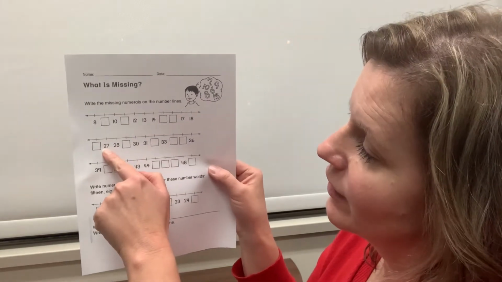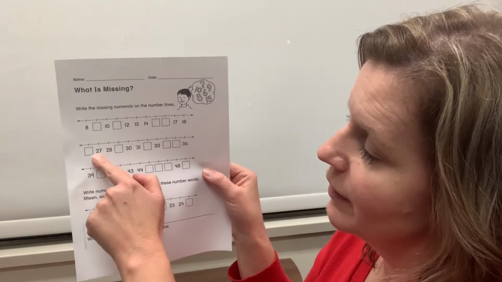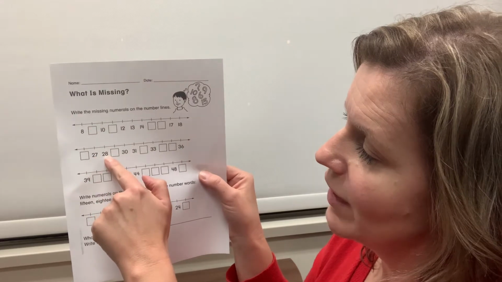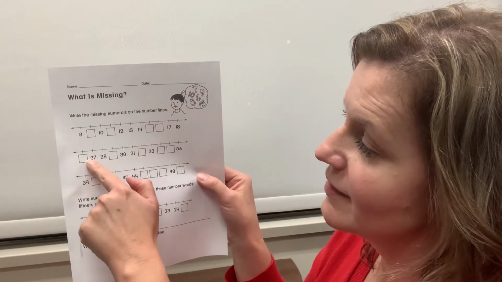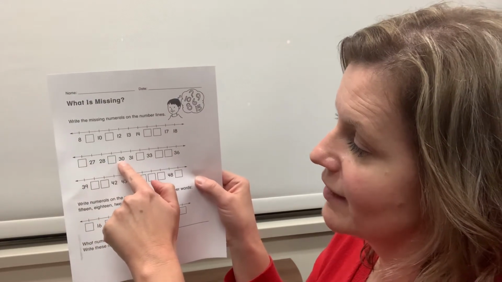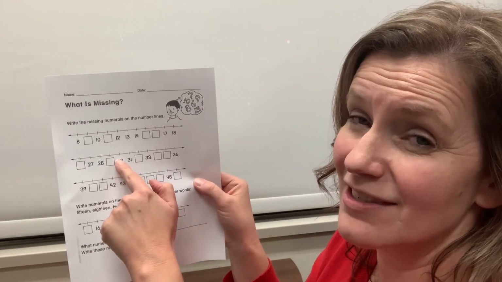If you take a look, we've got 27, but the 2 in the tens column stays the same until it gets to the next tens, which is 3.